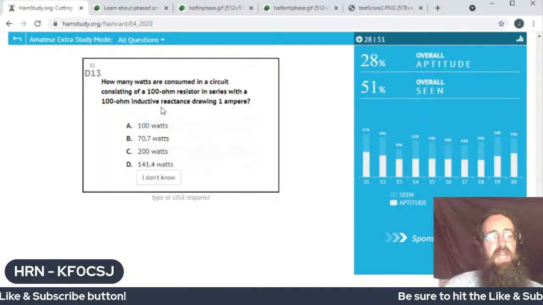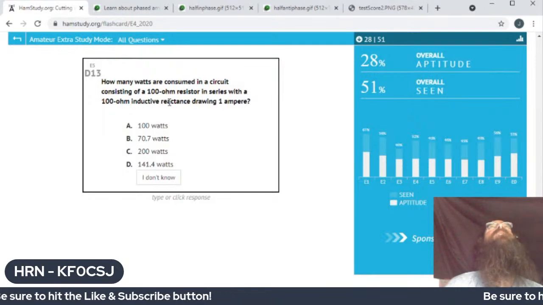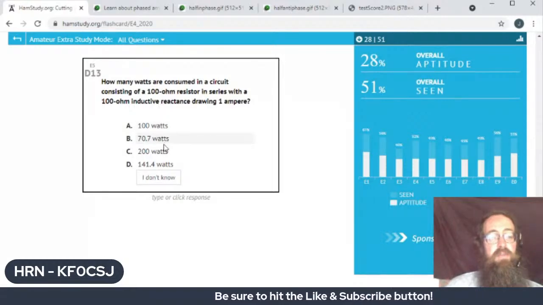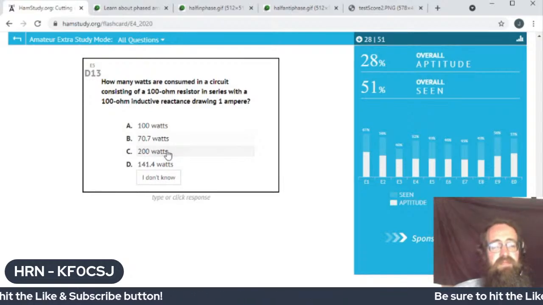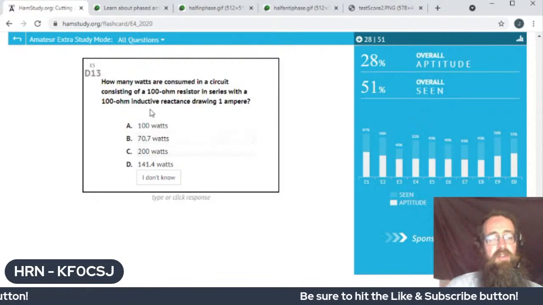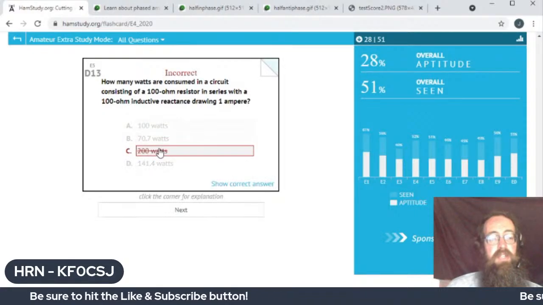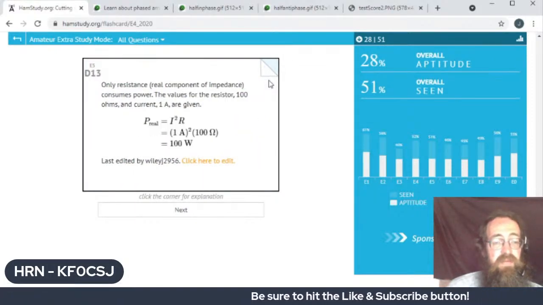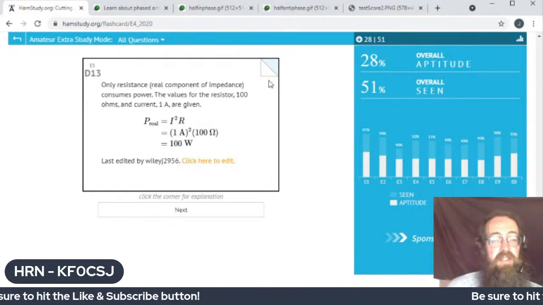Okay, reactance and resistors are added, so that's 20 ohms total, and with Ohm's law, 20 ohms times 1 amp should be 20 watts is what I'm going to say, and I am wrong. So only resistance.